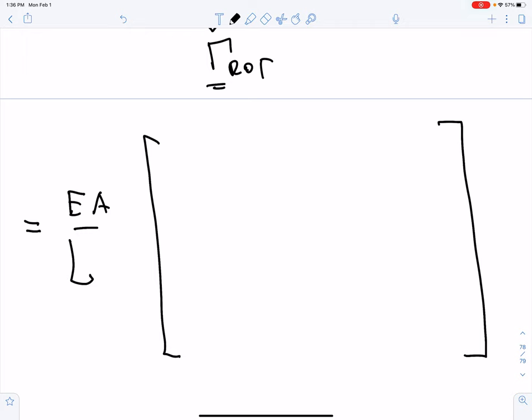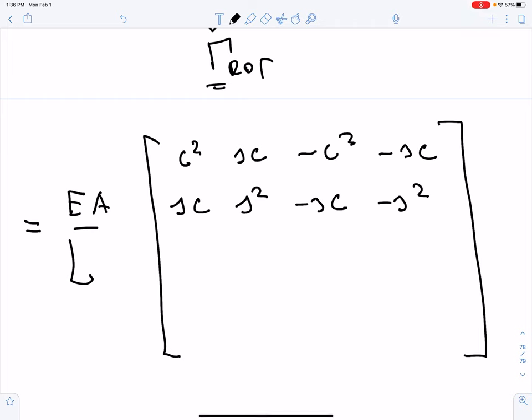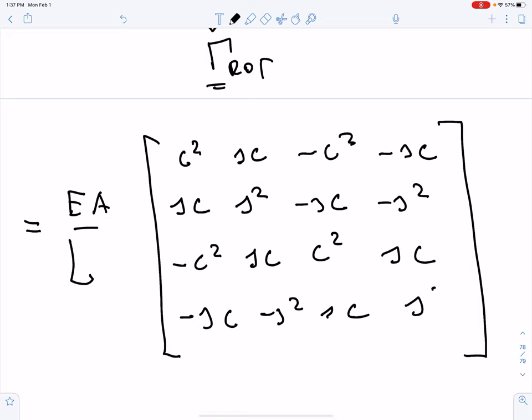And here you have the cosine squared, sine cosine, minus cosine squared, minus sine cosine; sine cosine, sine squared, minus sine cosine, minus sine squared; minus cosine squared, minus sine cosine, cosine squared, sine cosine; minus sine cosine, minus sine squared, sine cosine, sine squared.